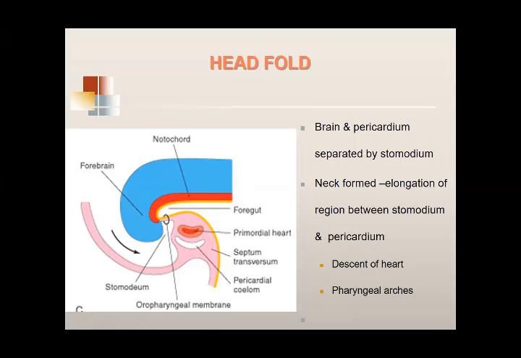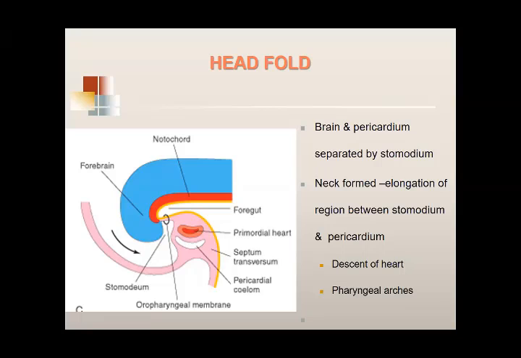In this picture, you can see that the brain and the developing heart are separated from each other by this structure, which is the oropharyngeal membrane. This is the stomodium, and this is the cranial most part of the foregut, which is the pharynx.